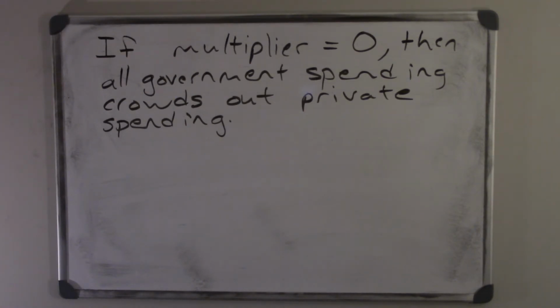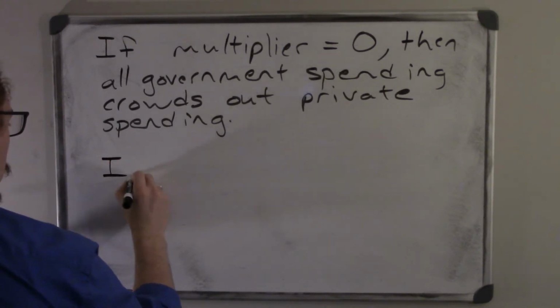We're just not going to change aggregate demand, so that in effect does not change output in the short run. So that's when our multiplier is 0.